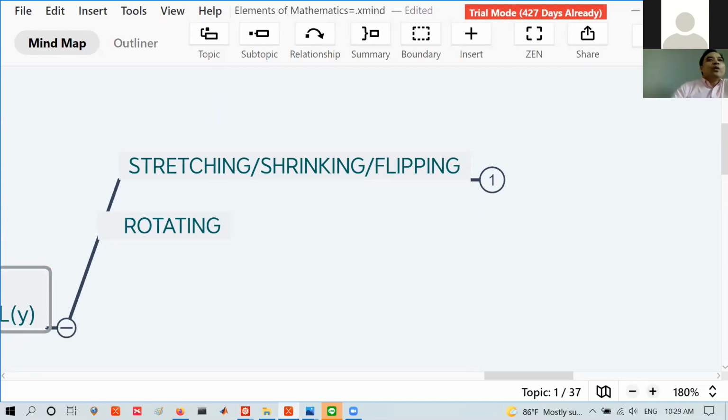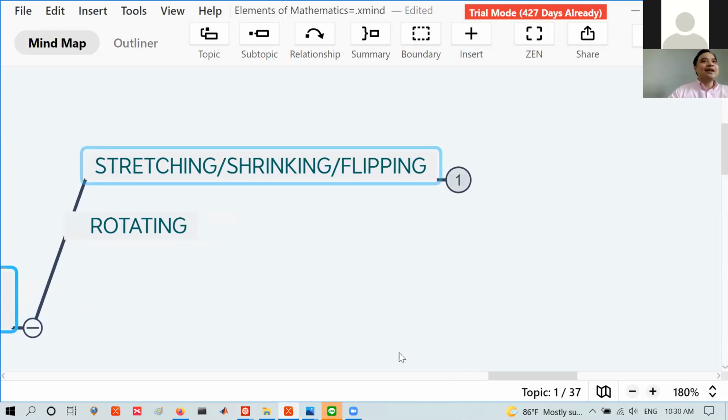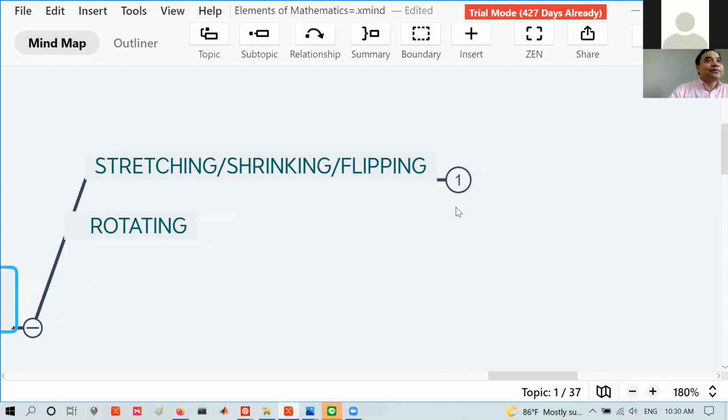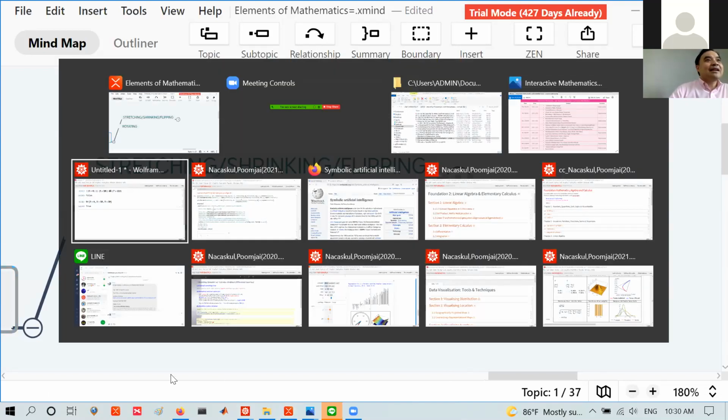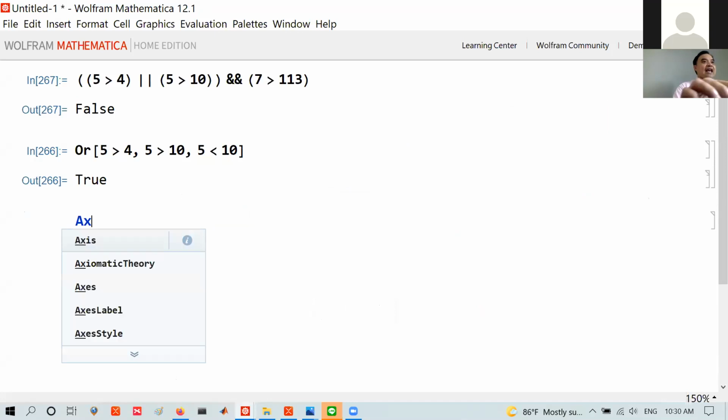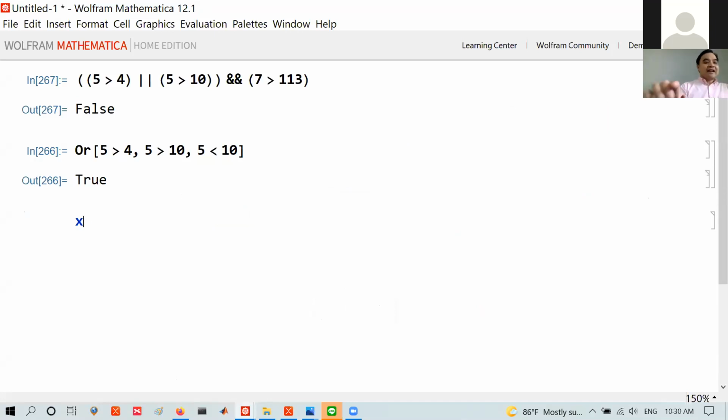Now, we didn't have time to go over this, but I just want to mention something. Let me go to Mathematica. Now, Ax. So x is a vector, right? And then A is equal to (A, B), (C, D).